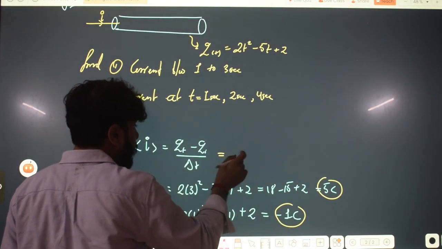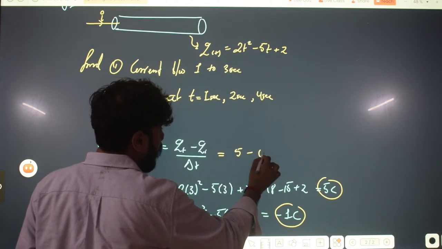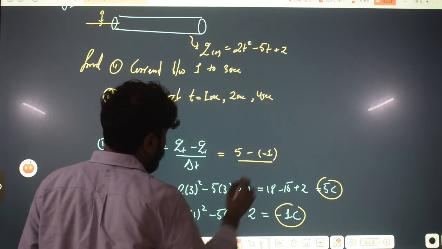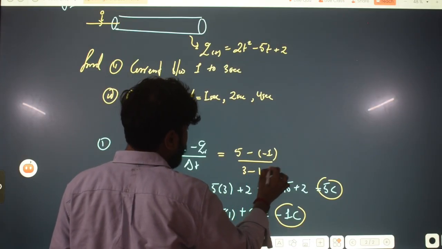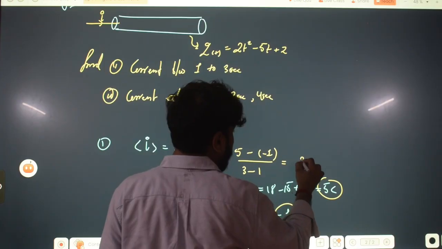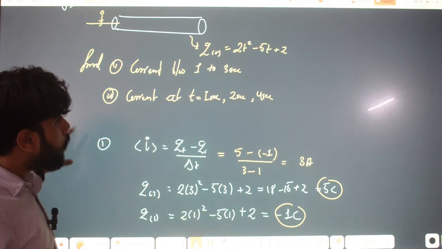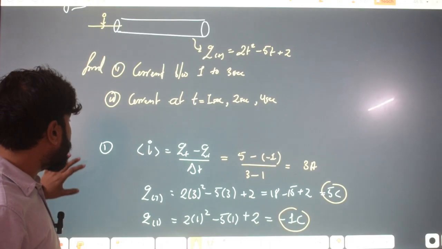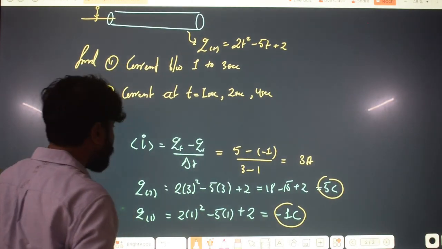If you paste the values, you will get 5 minus 1 over the time difference. Time is final 3 minus 1, that is 2. So it is going to be 6 over 2, that is 3 ampere. So whenever they ask you to find current between 2 points of time, you should understand that they are asking to find average.